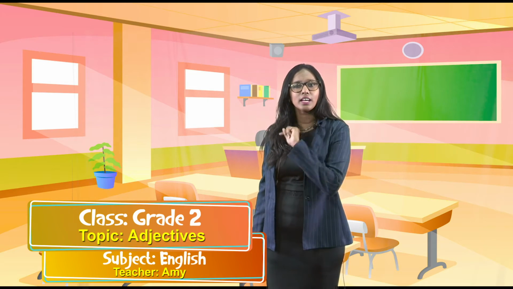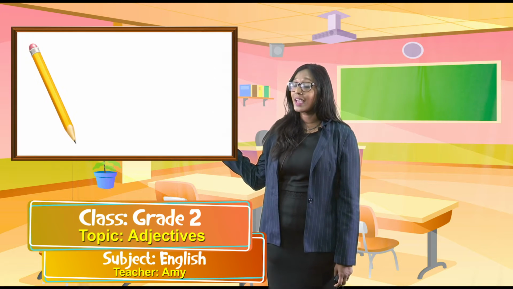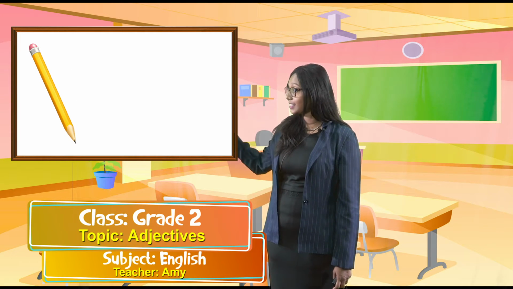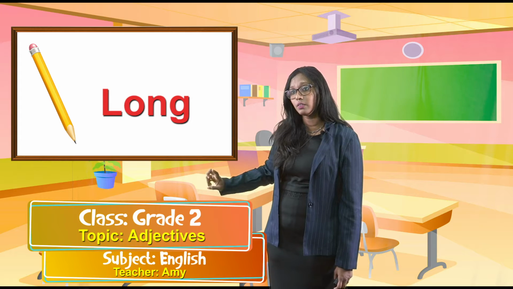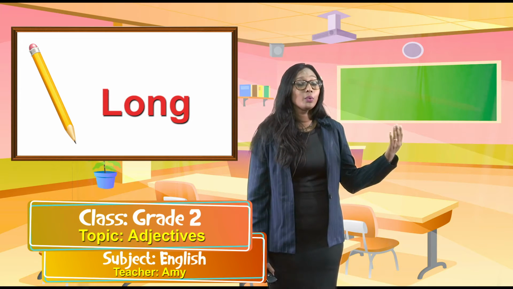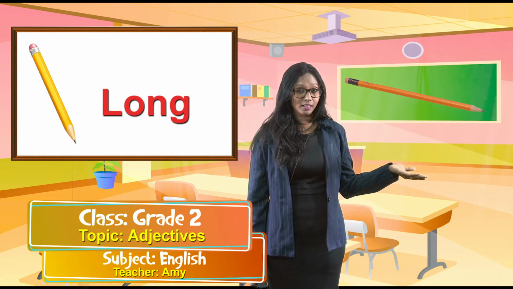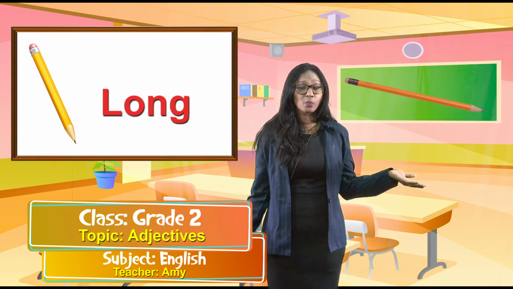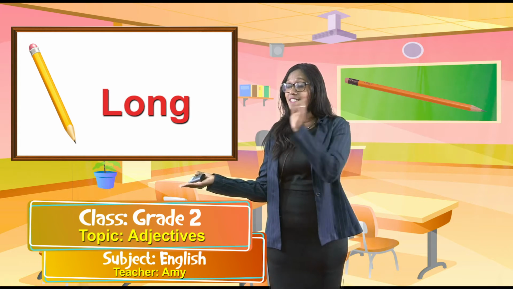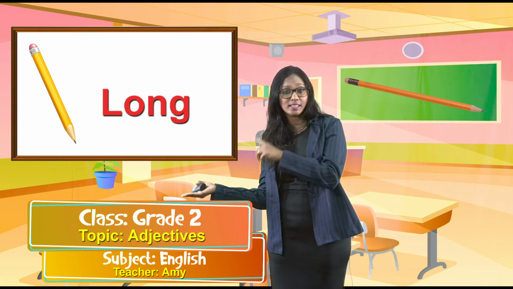Let us take a look at one more picture. We have the pencil. This pencil is long, isn't that so? And then we have another pencil. When we are comparing it to this pencil, take a look at the two pencils.